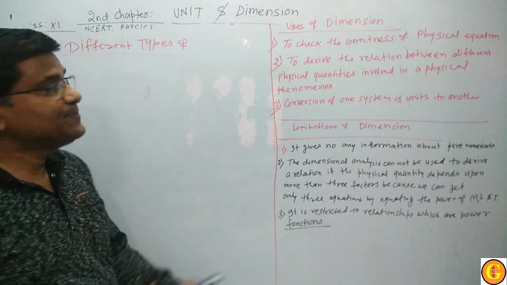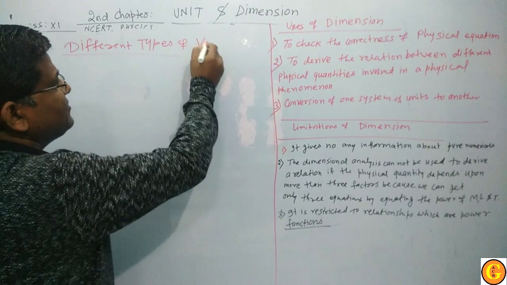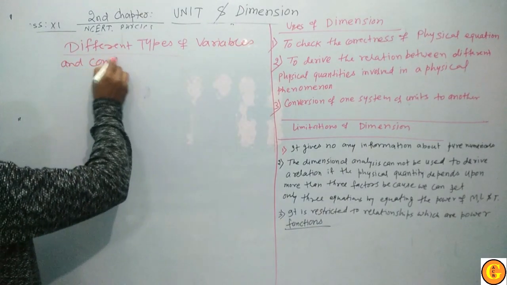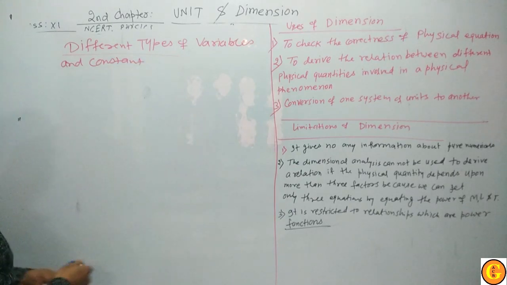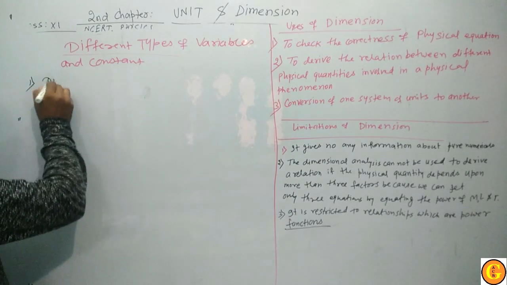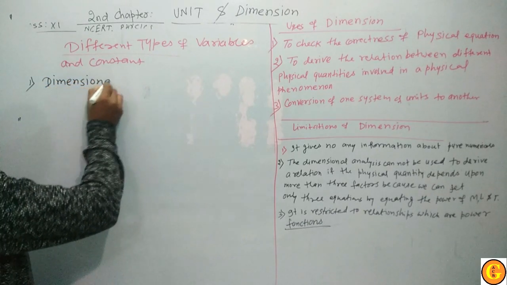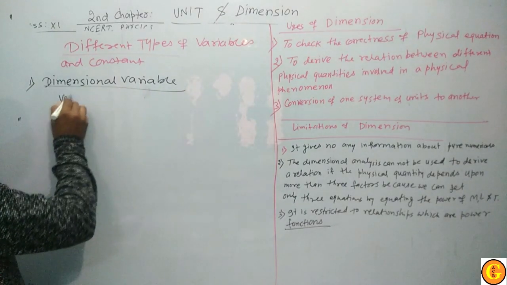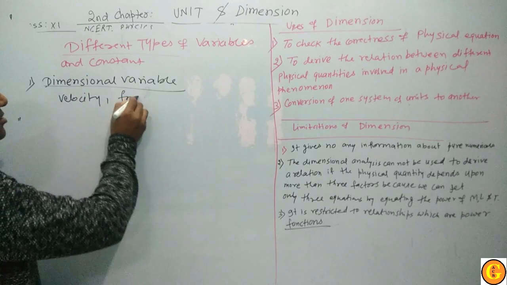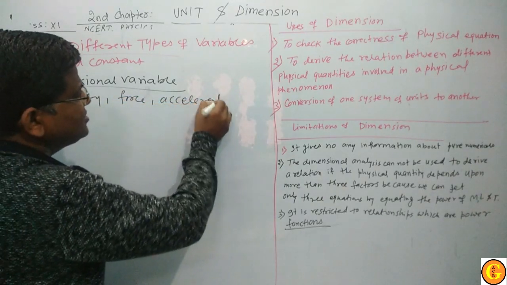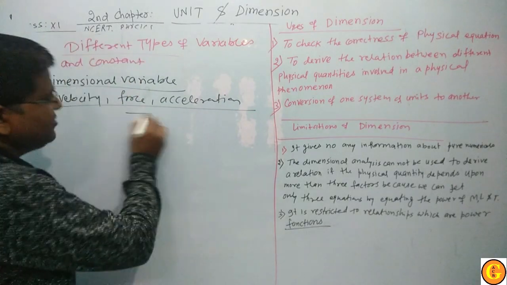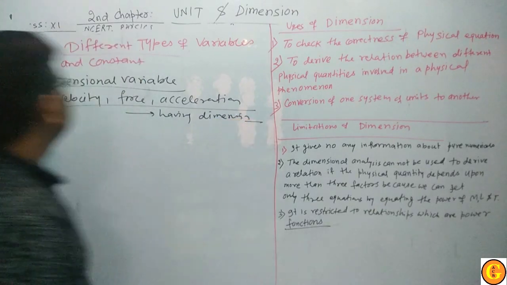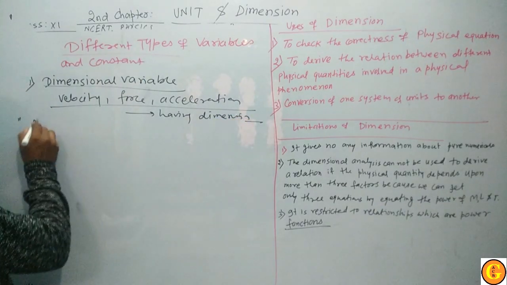Now I am going to explain different types of variables and constants. The first is dimensional variable. A physical quantity like velocity, force, acceleration: these are all variables and have dimension, and hence they are called dimensional variables. Next is dimensional constant.